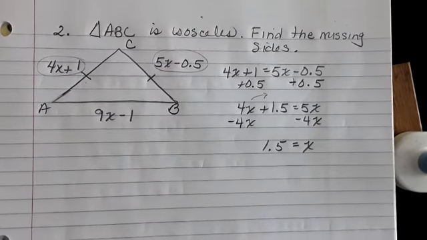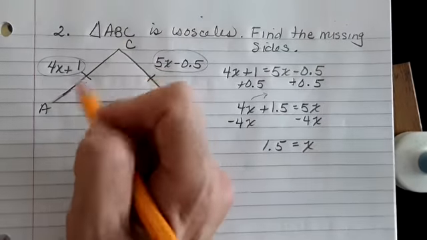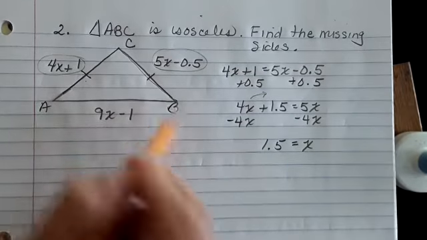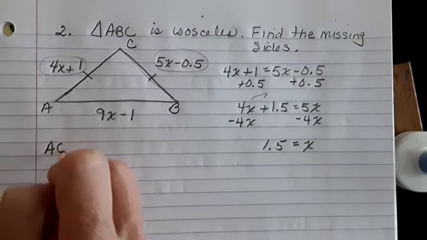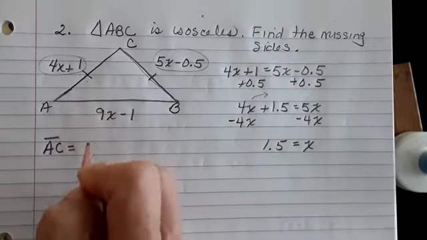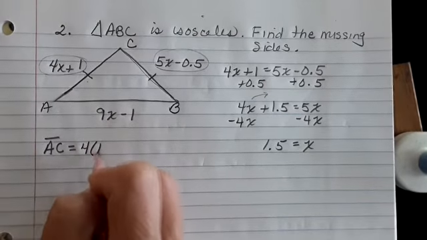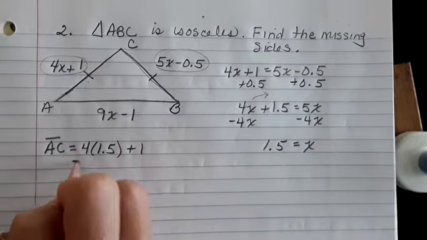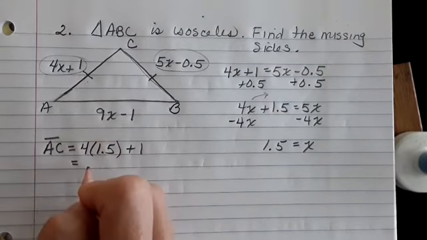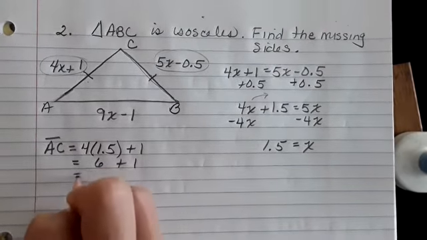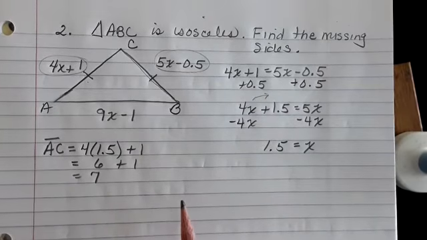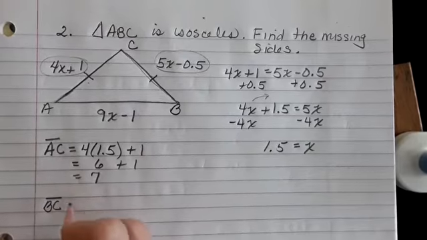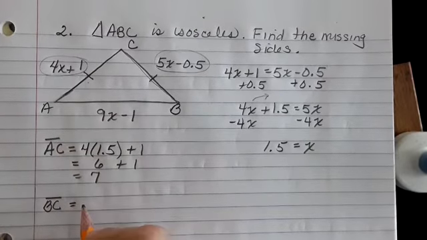And now we just plug it in. We need to find three sides. Now remember, if you find side AC, side BC will be the same. So side AC, we're going to take the 4 times the 1.5, because that's our x value, and add 1. All right, so this will get us 6 plus 1. So we now have a 7. Side BC, being isosceles, is the same as AC.